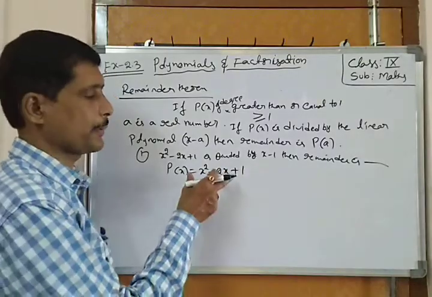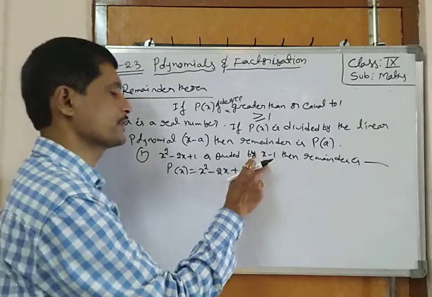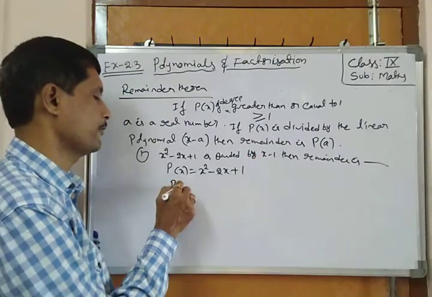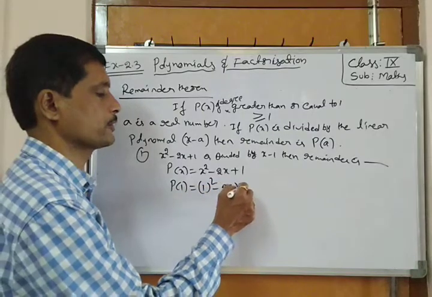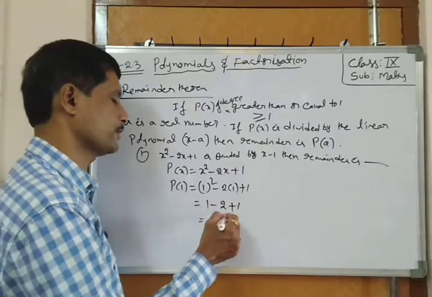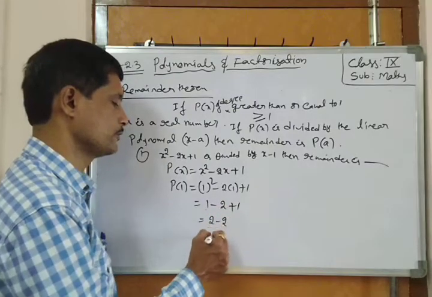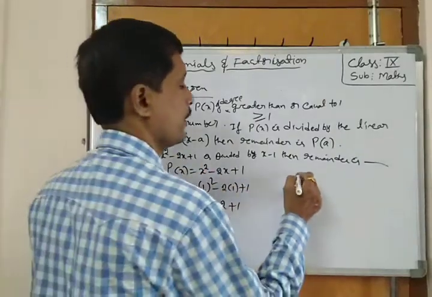We have to do normal division or directly substitution. Here it is divided by x minus 1, therefore x is replaced by 1. P of 1 equals 1 whole square minus 2 into 1 plus 1, that is 1 minus 2 plus 1, that is 2 minus 2, that equals 0. The remainder is 0. Otherwise you can use the normal method.